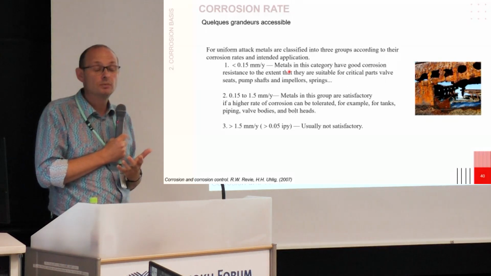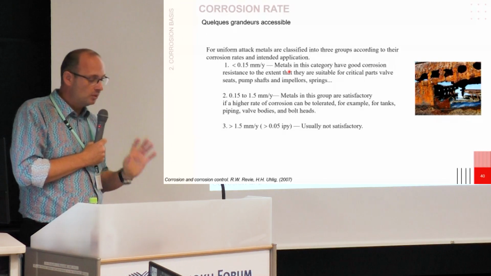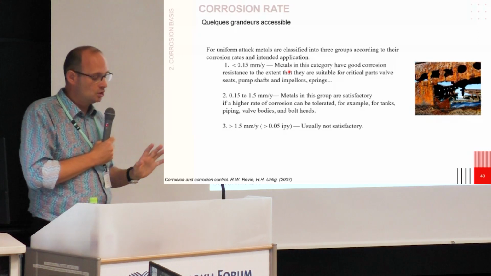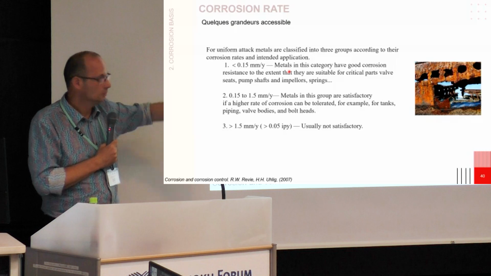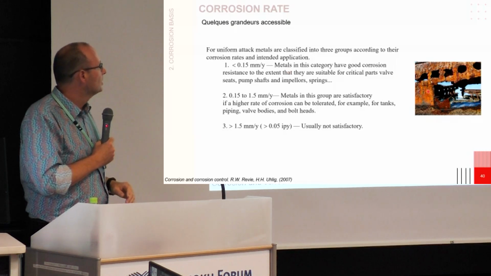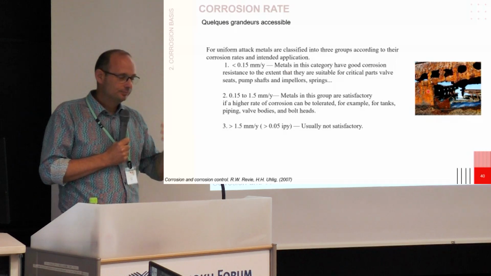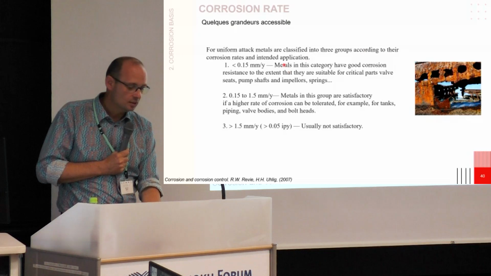What are you doing with the results? The first point is for a specific attack, which is the uniform general corrosion. You remember this morning I gave this picture. There are some helpful values, and they are this one.